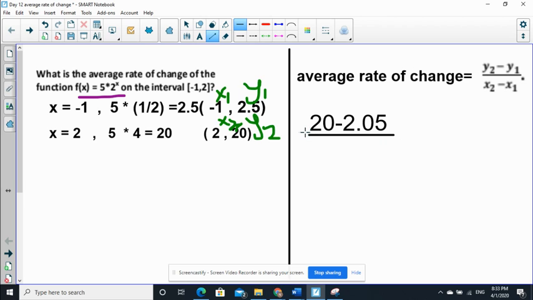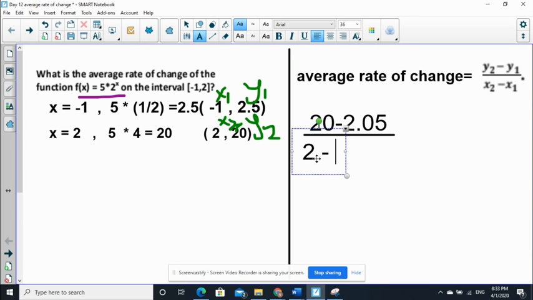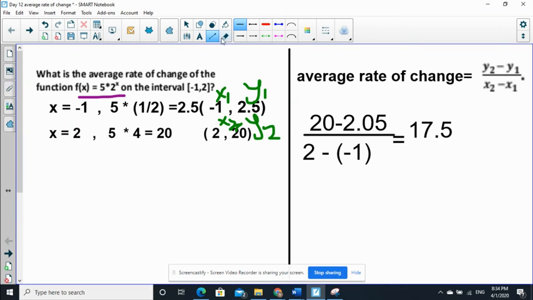Let me put this 20 minus 2.5 over x2 minus x1, the change in x. x2 is 2 minus x1, which is negative 1, okay, equals 20 minus 2.5, which gives you 17.5, over 2 minus negative 1.